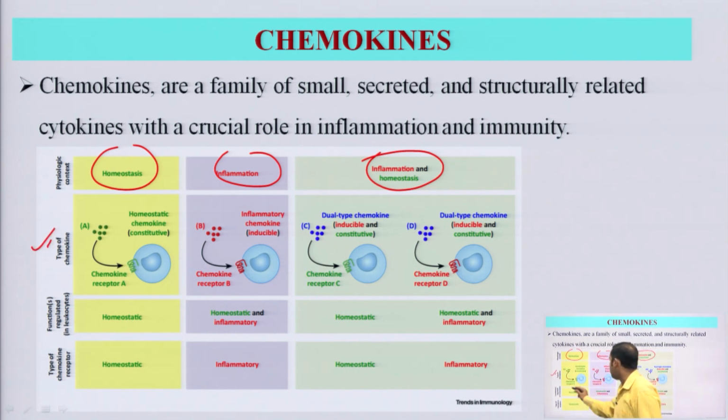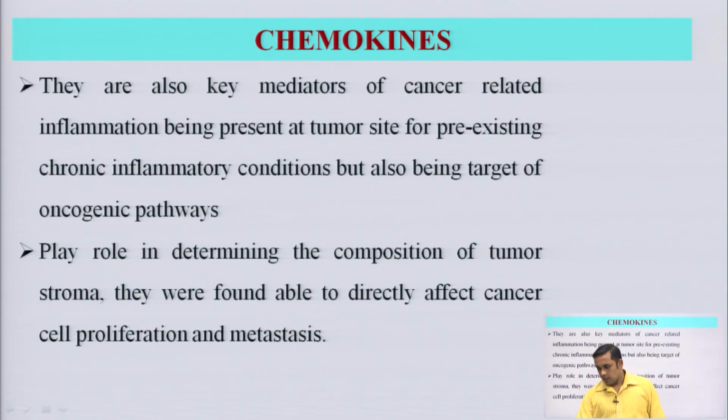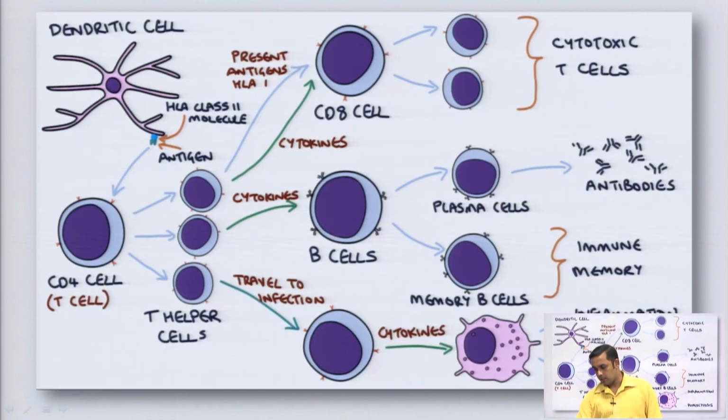Various types of chemokines and chemokine receptors, like A, B, C and D, come into the picture for messaging, sending information, so they also act as mediators. I will not discuss this too much. In this picture you can see how neutrophils are releasing chemokines and bacteria are getting the information.